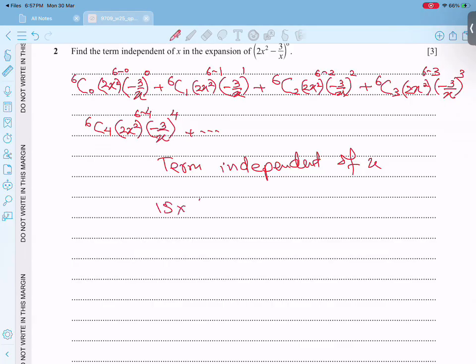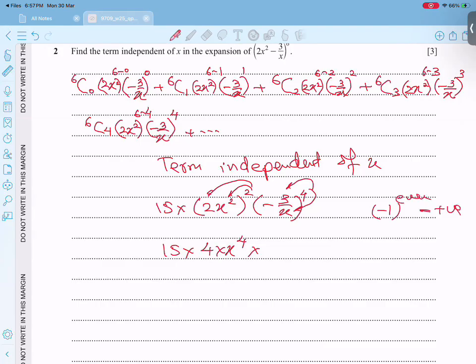Okay, and here 2x to power 2 on the top, 2, and negative 3 over x to power 4. So this 2 goes on both terms separately. So 4 into x to power 4. And the power 4 will go on both terms separately, negative included. Whenever we have an even power, students, it always gives you a positive answer.